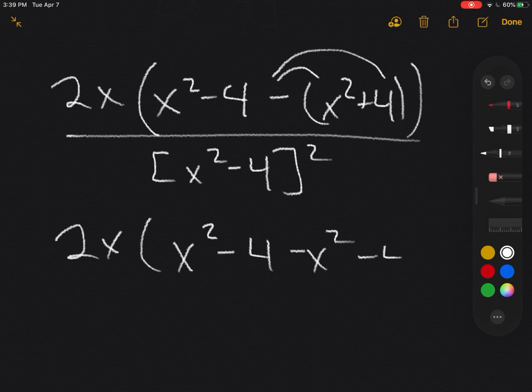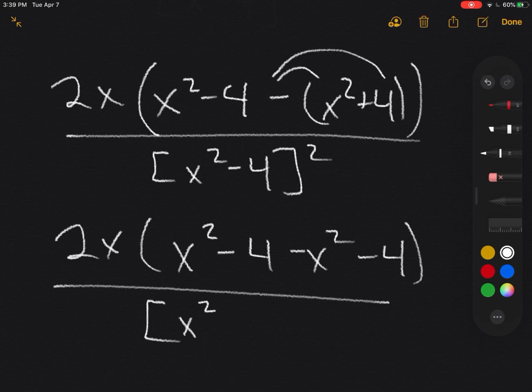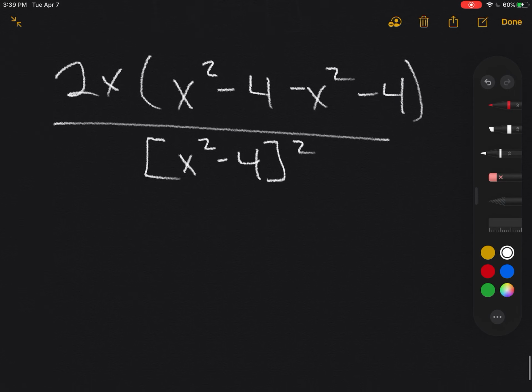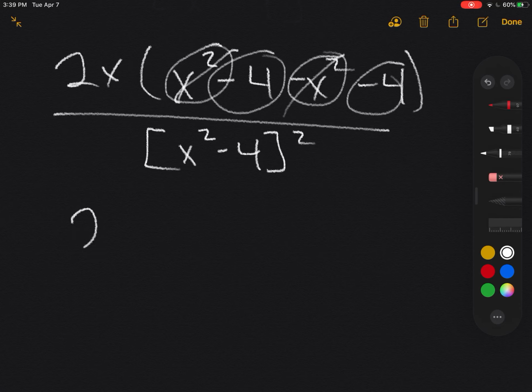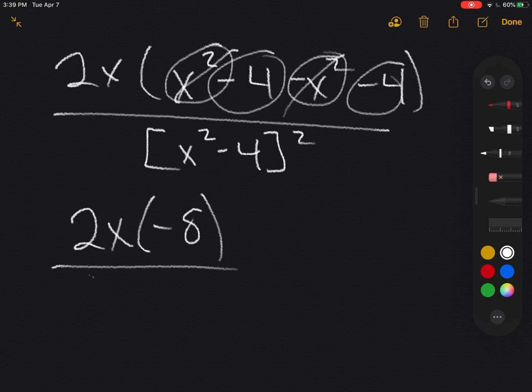And now I'll distribute this negative in the parentheses here. I have 2x times (x squared minus 4) minus (x squared minus 4) all over (x squared minus 4) quantity squared. So x squared minus x squared gives me 0.